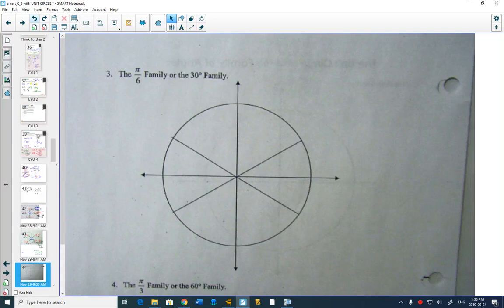The 30-degree family. So now, all of our reference angles are 30 degrees. You have a 30-second head start to finish the other 3 angles.